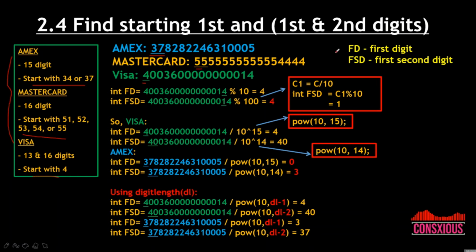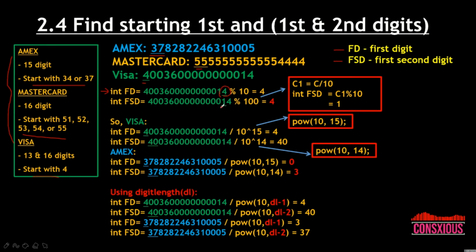We just put them as two variables here: the first digit and the second digit. In the video by Brian, he gave us some tips about how to find the last digit. So int FD, the credit number modulus 10, we can find it is 4.